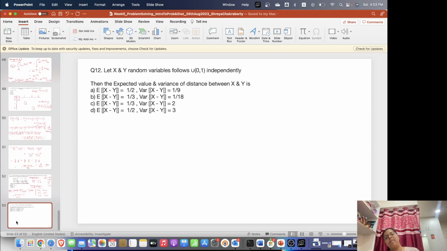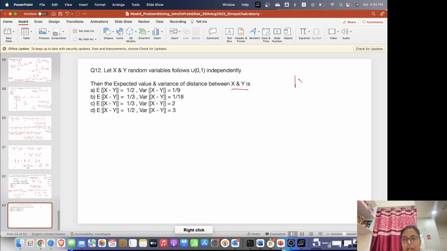So here we have x and y be random variables following uniform 0 1 independently. Then what is the expected value and variance of distance between x and y. So we have to find out the distribution of this thing.